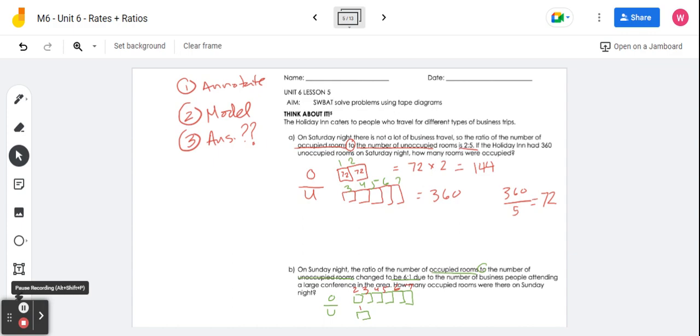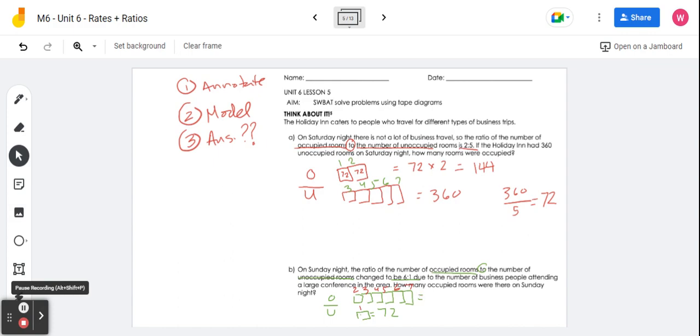What has changed, though, is that in the last question there were more unoccupied versus occupied, and now there are more occupied versus unoccupied. So the pieces of tape still represent the same number of people, but the total is going to be different for each of the occupied versus unoccupied.